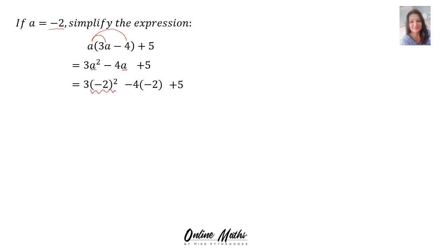Now we first have to do the exponent, but we'll wait with the 3 and we say (negative 2) squared is plus 4. And then here negative 4 times negative 2 is plus 8, plus 5 rides with. And now we can say 3 times 4 is 12, plus 8, plus 5 rides with. And when we add that, we get 25.